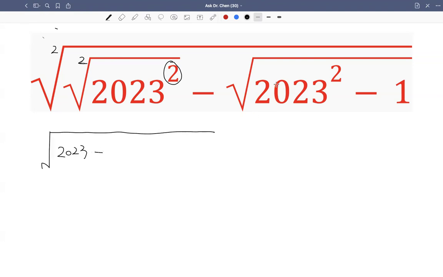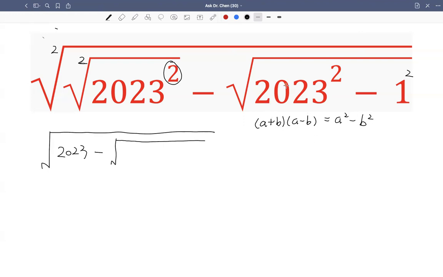The minus, let's see now, 2023 squared minus 1. So this is under another layer of square root. Let's think about the difference of two squares, because 1 is 1 squared. So we can use the difference of two squares formula. Remember, a plus b times a minus b equals a squared minus b squared.